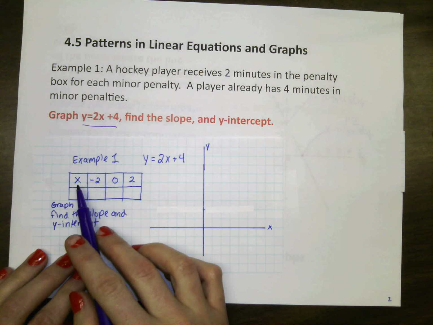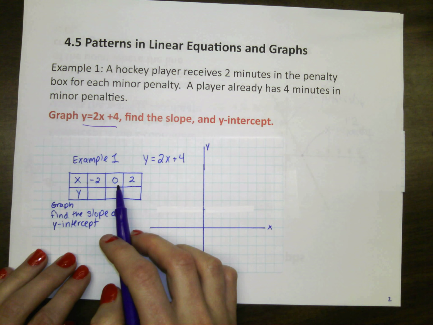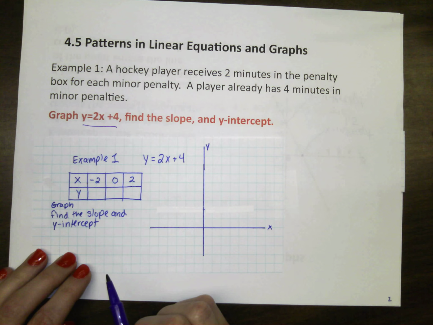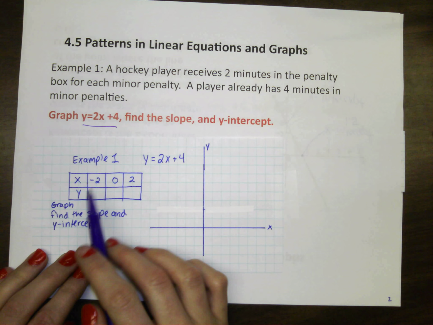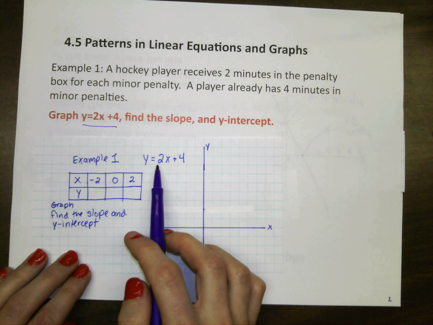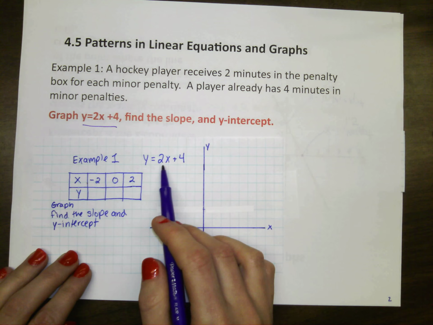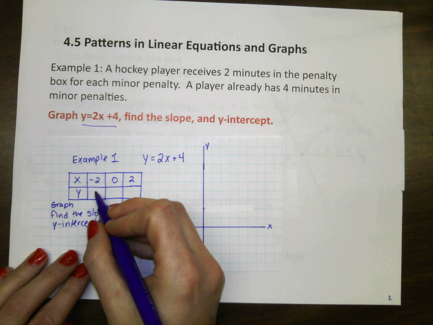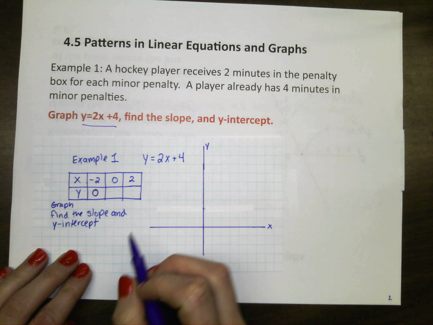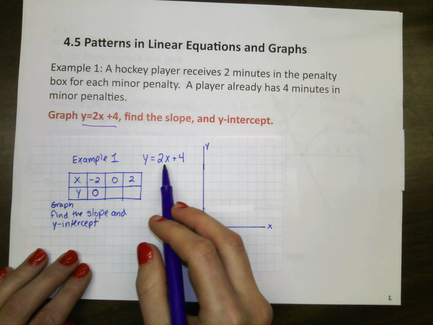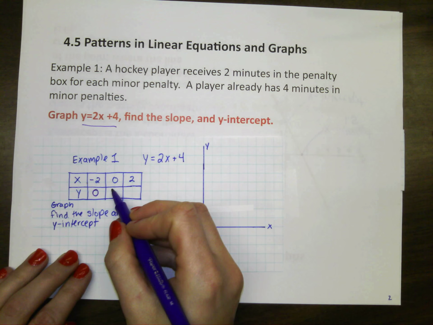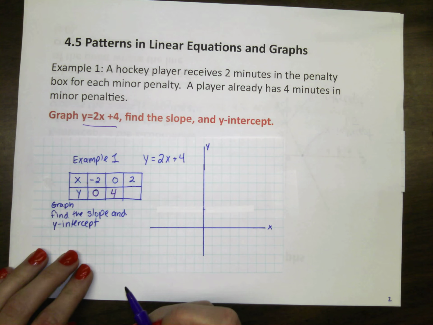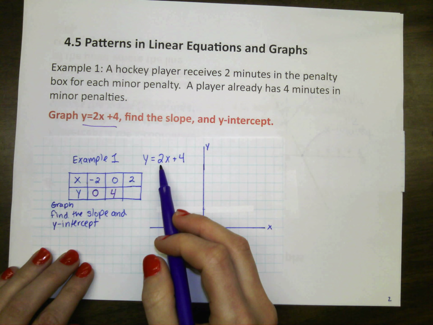So we're going to start with a table, and we're going to plug in, you can use any values, but I plugged in what if x was equal to -2, 0, and 2. So we're going to plug these in and solve for y. If x equals -2, we have 2 times -2 is -4, plus 4, so y would be 0.